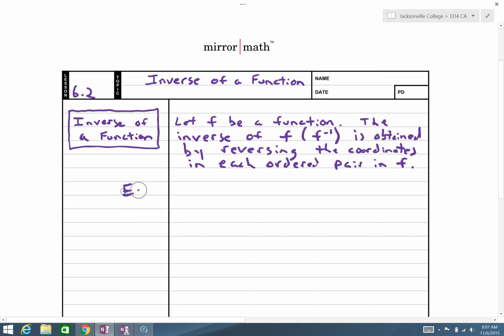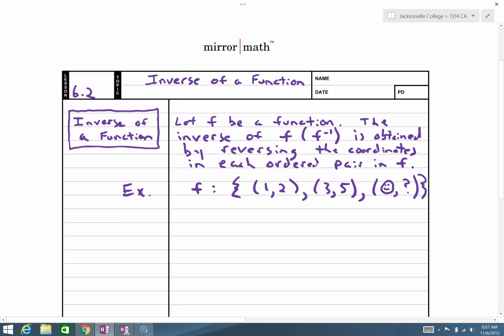Example. Let's say function f is determined by the set of ordered pairs 1 pairs with 2, 3 pairs with 5, and smiley face pairs with question mark.